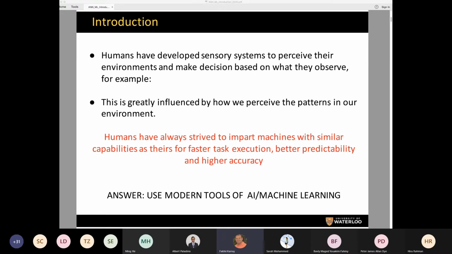And this environment could be noisy, it could be with sounds, it could be with visual noise, it depends on the perception channel for that particular pattern. It could be speech, it could be utterance, it could be vision. And humans have always strived to impart machines with similar capabilities as theirs for faster task execution.